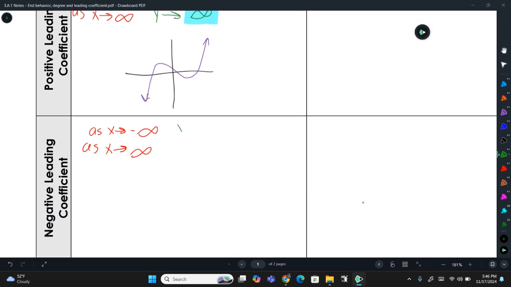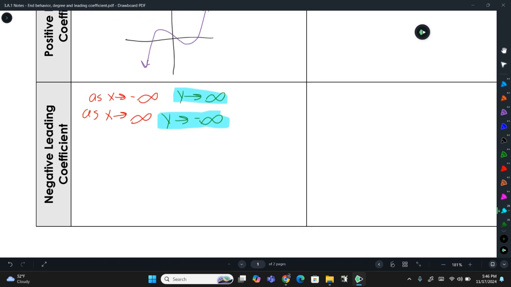The left side is going to go up, and the right side is going to go down if the leading coefficient is negative. Notice that there is still one side going up and one side going down in opposite directions. So an example of a graph that could look like that might just be a simple line. The left side is going up and the right side is going down.